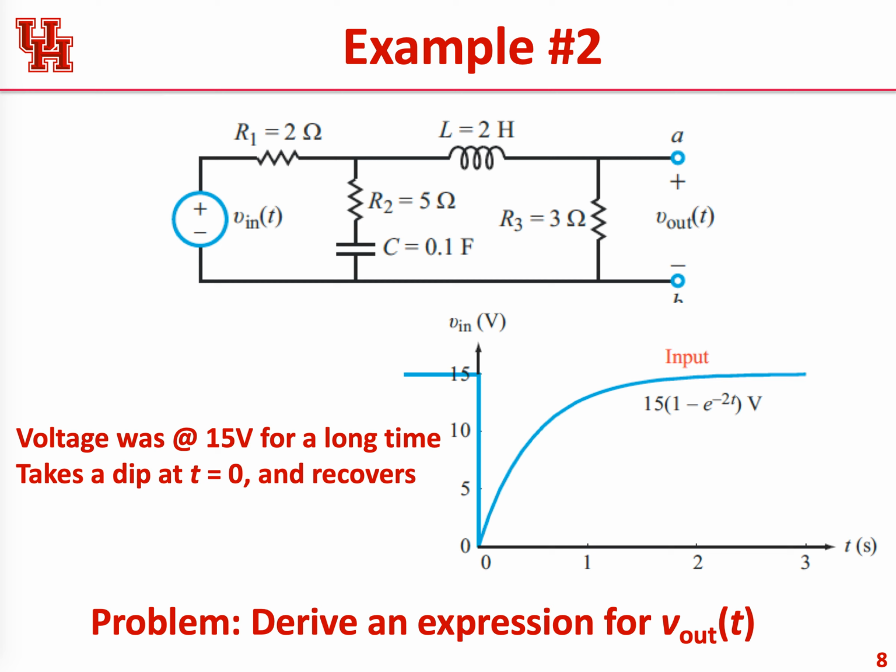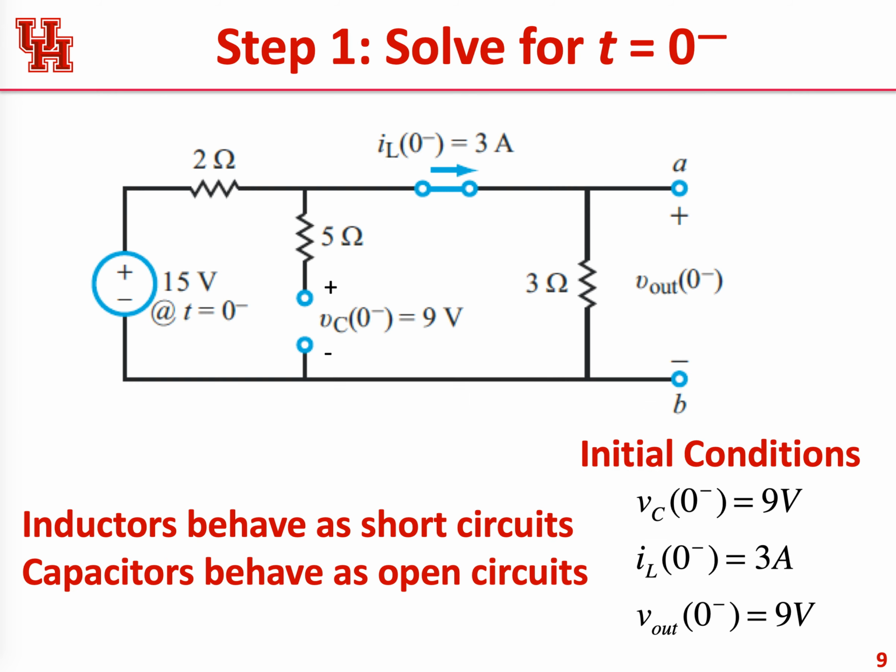And then the output goes to a 3 ohm resistor across this, and the output voltage is measured here. So all voltages at 0 minus, this is basically our V out at 0 minus.